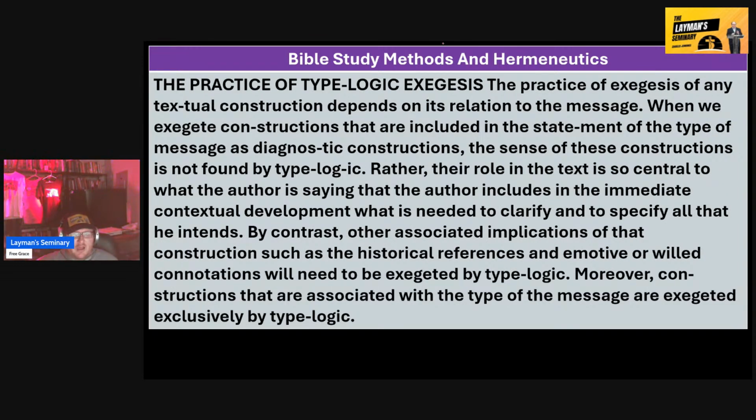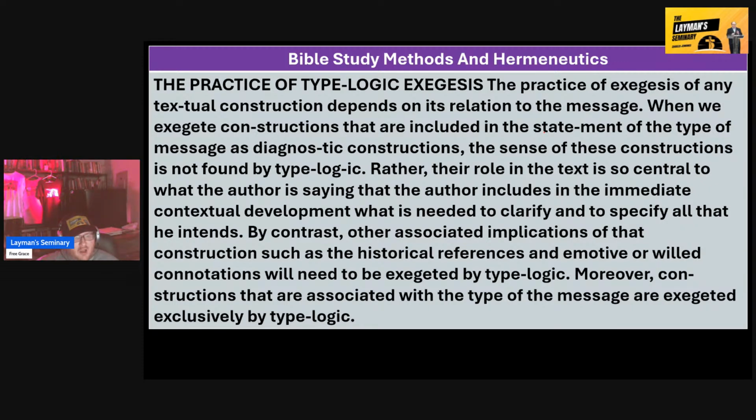The practice of exegesis of any text or construction depends on its relation to the message. When we exegete constructions that are included in the statement of the type of message as diagnostic constructions, the sense of these constructions is not found by type logic. Rather, their role in the text is so central to what the author is saying that the author includes in immediate contextual development what is needed to clarify and to specify all that he intends.